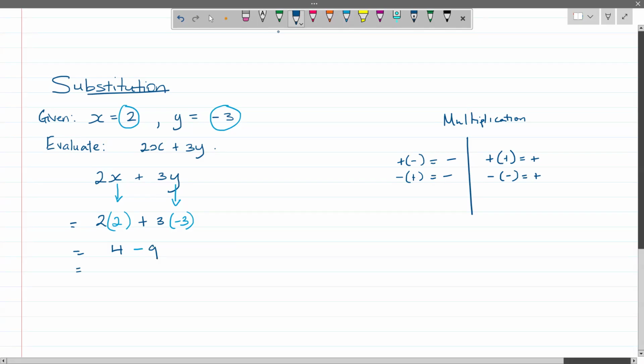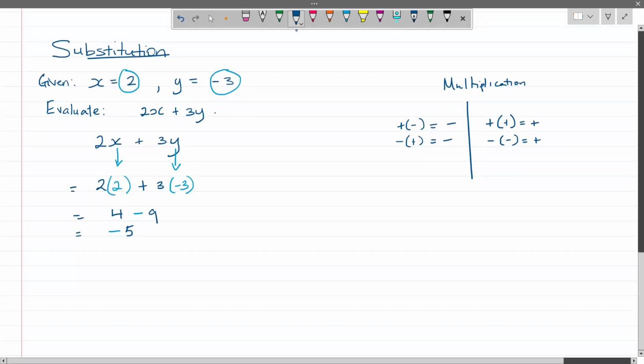No multiplication here again. 9 is the bigger number. So I have to keep the sign of the 9 and subtract 4 from 9, and that will give me 5. Negative 5. Everybody understand that? Give me a thumbs up if you're okay with that. Yeah? All right.